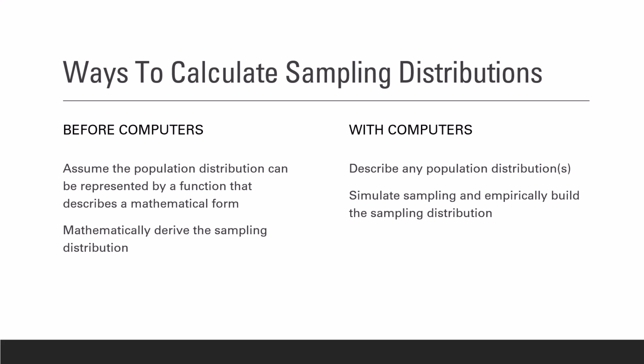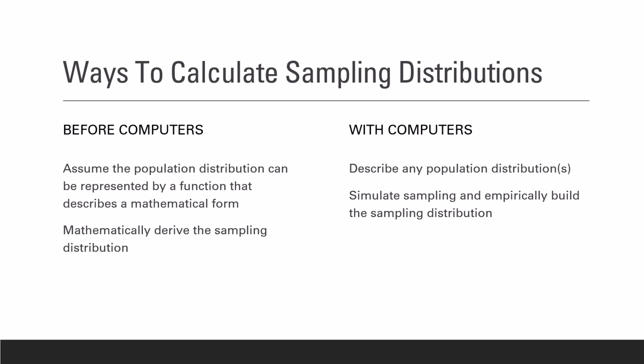And if you simulated that over and over and over again and calculated a statistic for each of those samples and then looked at the distribution of the statistic, you'd be looking at an empirically built sampling distribution. So with computers, we can empirically build a sampling distribution.